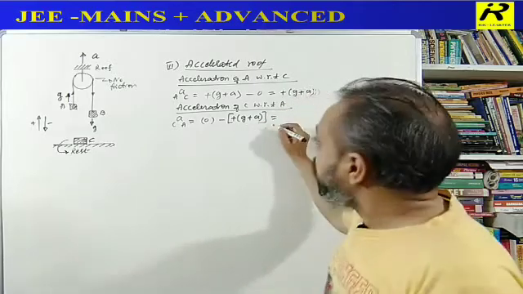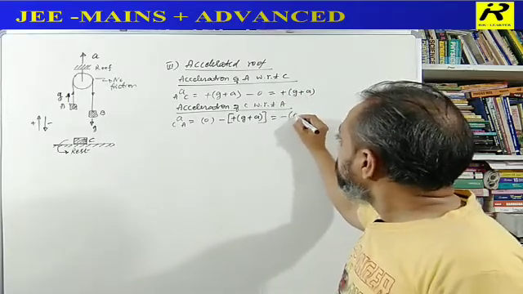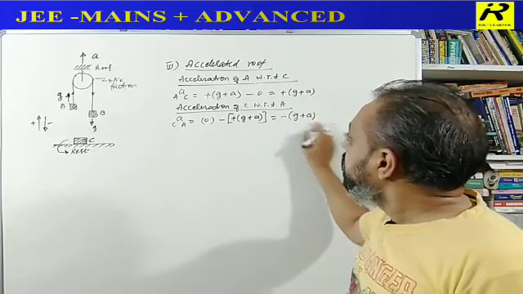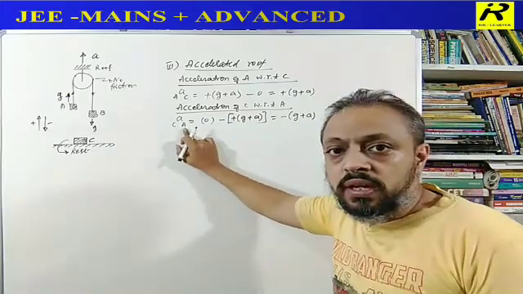When I open this bracket, it simply becomes minus g plus a. This is the acceleration of C with respect to A.